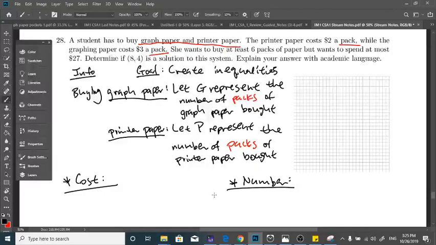So cost, what information do we know? So printer is $2 per pack. Every pack is $2. And then graph, we have $3 per pack.